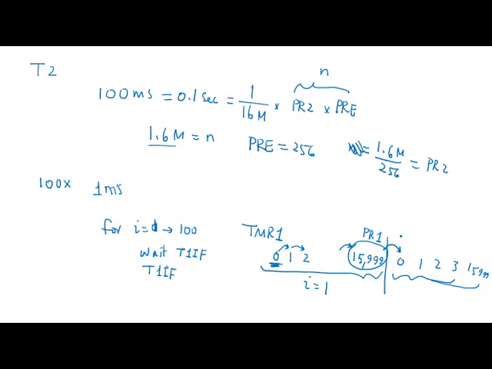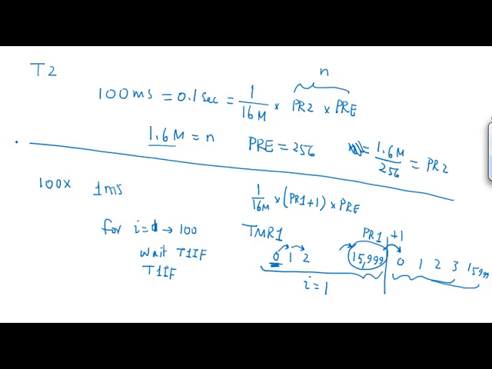So when I'm doing a repeat and I go from 15,999 to 0 and then to 1 and then to 2, 3, if this is a loop and I'm doing this continuously, then I have to add this plus 1. So in that equation for TMR1, it becomes 1 over 16 mega times (PR1 plus 1) times the prescaler for timer 1, right? Because I want to repeat this 1 millisecond thing.